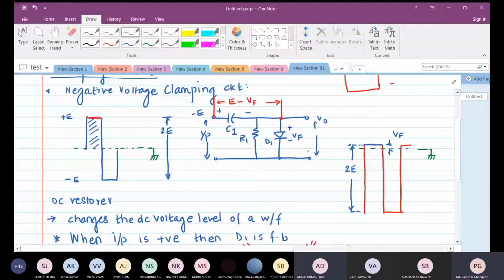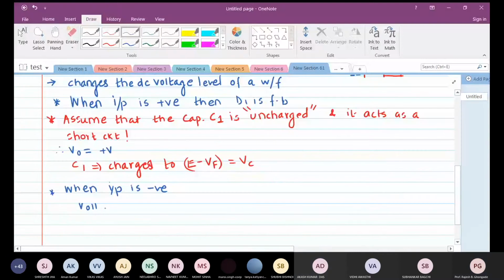Look at what is the total voltage across the diode. The voltage across diode D1 is what?